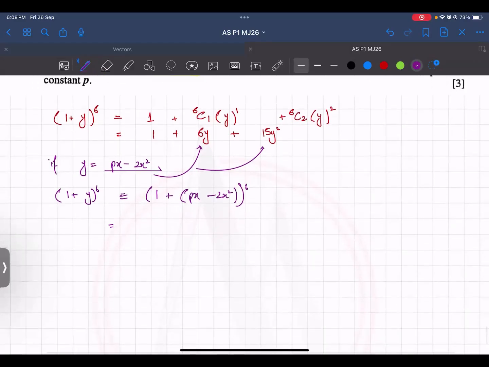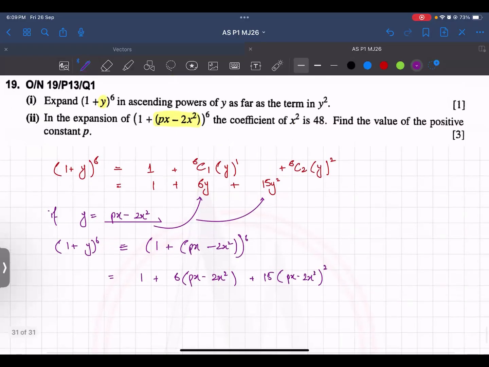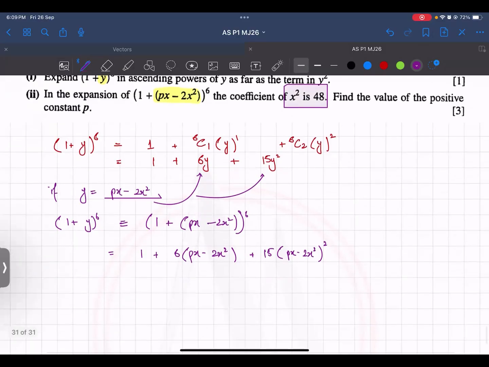So now you will write it down as 1 plus 6 times (px minus 2x square) plus 15 times (px minus 2x square) power 2. And then they're giving you that the coefficient of x square is 48, so you will work for the coefficient of x square.